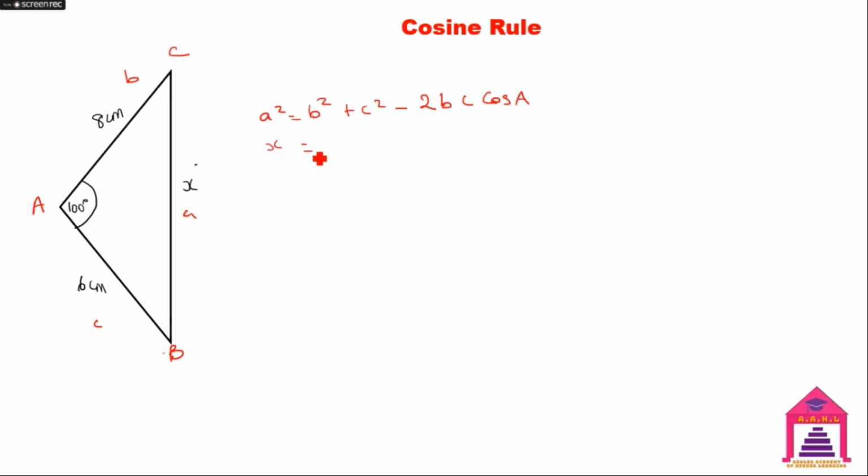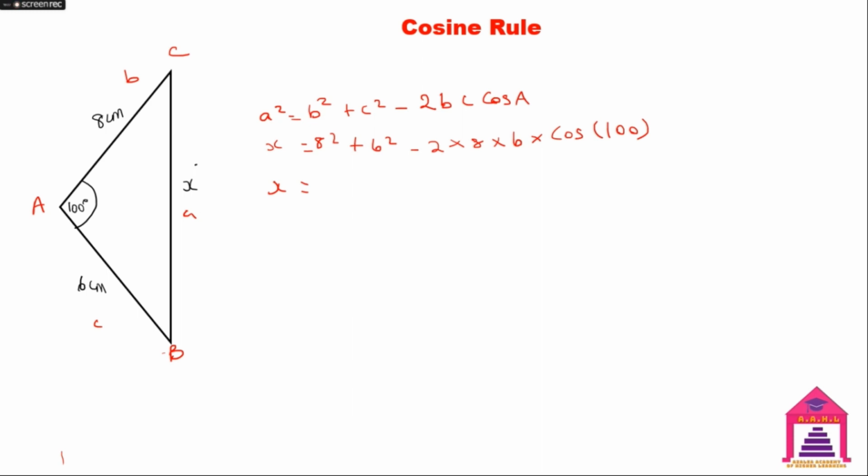So we have x squared is equal to 8 squared plus 6 squared minus 2 by 8 by 6 by cos 100. Now of course you could put this figure into your calculator.